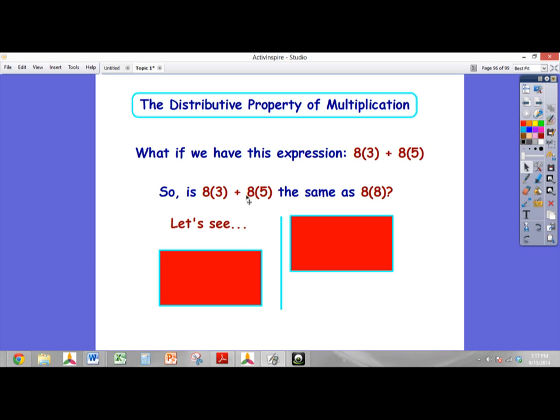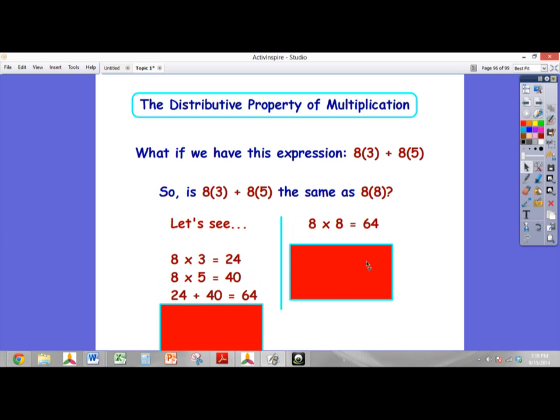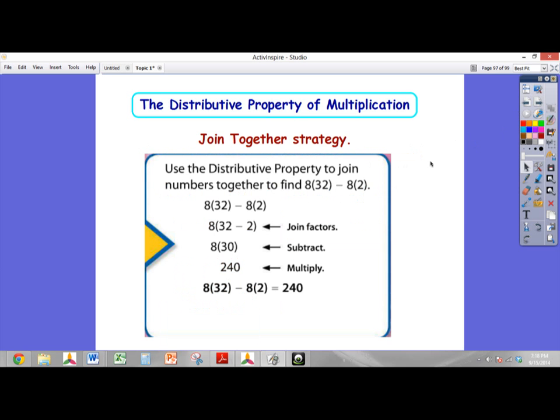So I wonder if 8 times 3 plus 8 times 5 is the same as 8 times 8. Let's have a look. 8 times 3 is 24, 8 times 5 is 40, and 24 plus 40 is 64. And 8 times 8 is 64. It's the same thing, but by adding those numbers together first, I do a little less work mentally. This is called the join together strategy.